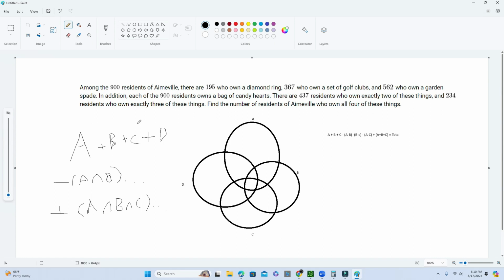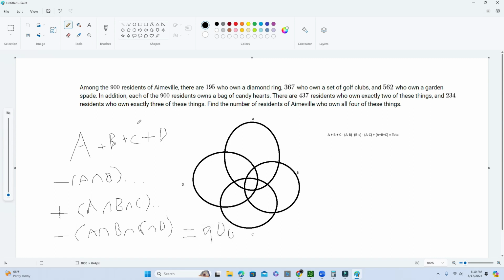And then it would subtract the final one, the overlap of A, B, C, and D. And this would be equal to the total value, which would be just 900.